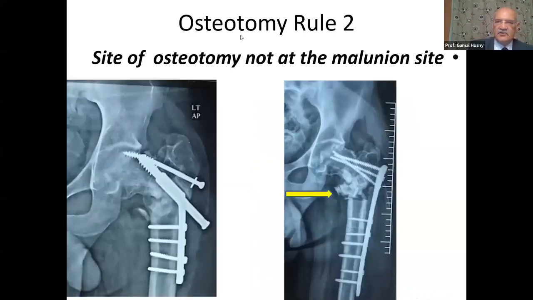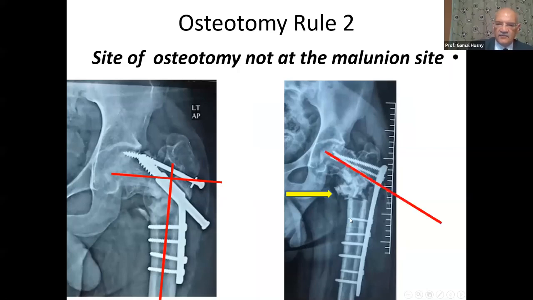This is osteotomy rule number 2. We have malunited fracture neck femur with coxa vara, as you see here. This is the axis of the neck of the femur, the proximal femur, the axis of the joint, and we have about 80 degrees. We want to correct the joint.